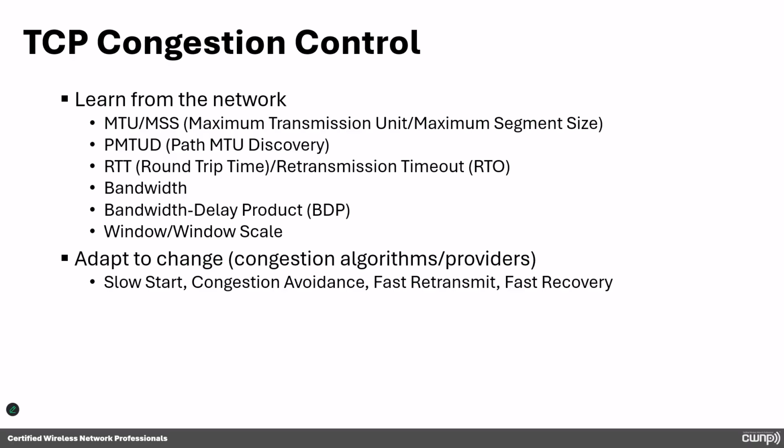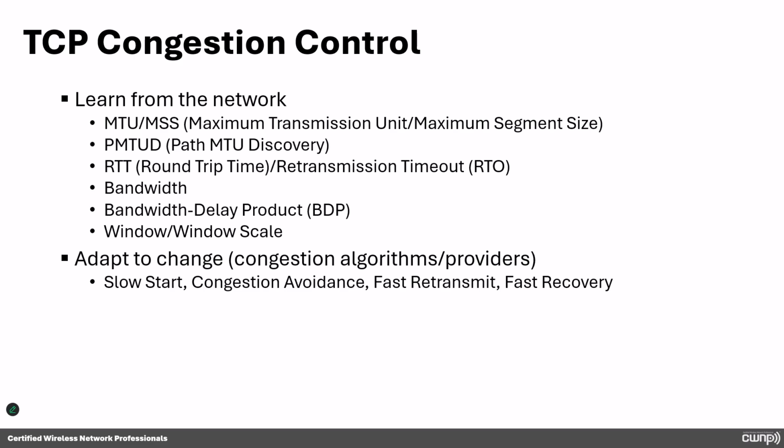And the reality is that you don't see it going up and down heavily. But when you're going across a less stable network, like the internet, you can see the congestion windows bouncing up and down and all over the place. And that's because there are dynamic changes in the environment.